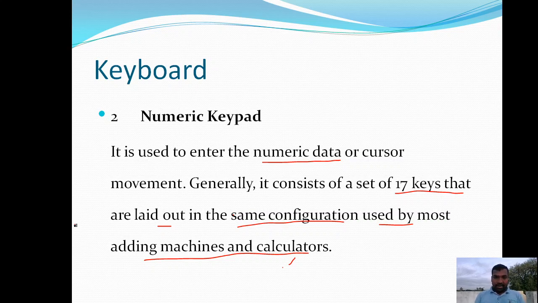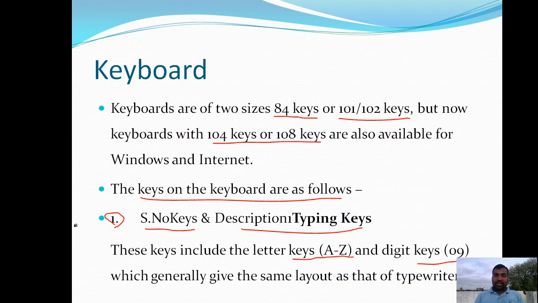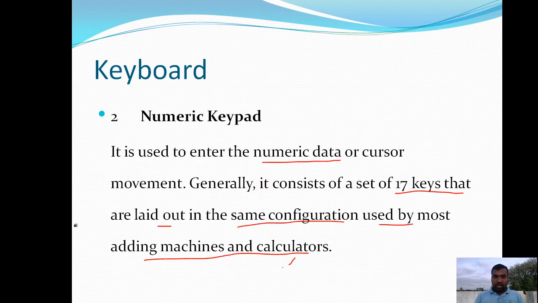Along with the typing and number keys, this numeric keypad is also separately added to the keyboard. We use this numeric keypad to enter the numbers along with the basic numerical operations that we are going to perform. Those operators are available.